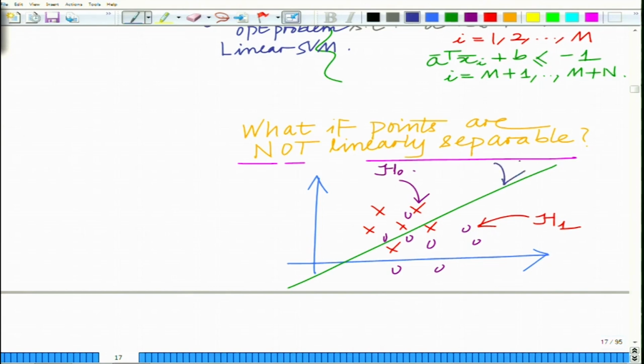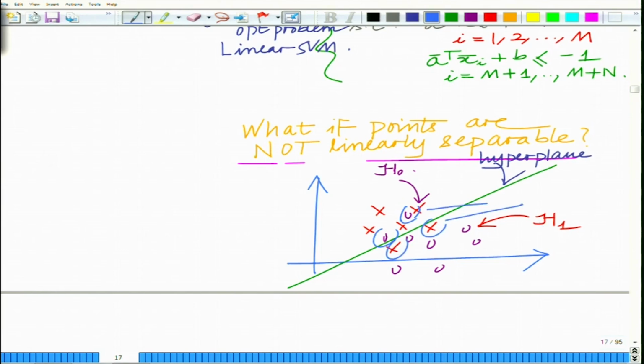So, if this is the hyperplane, you are going to have, for instance, this point here, which are H1 points classified as H0, and this point here, this point here.